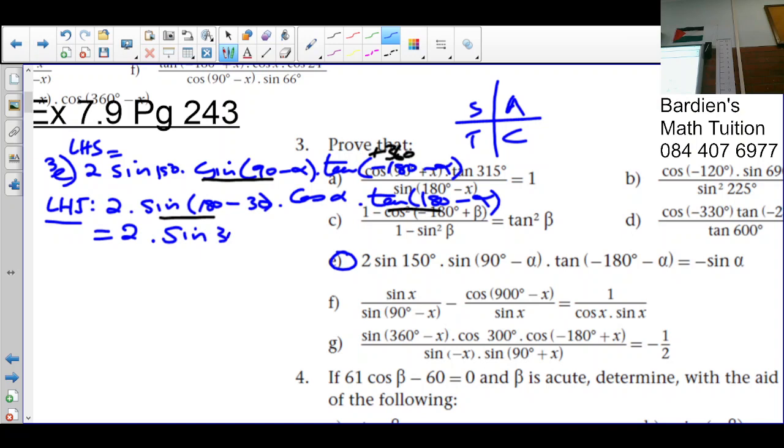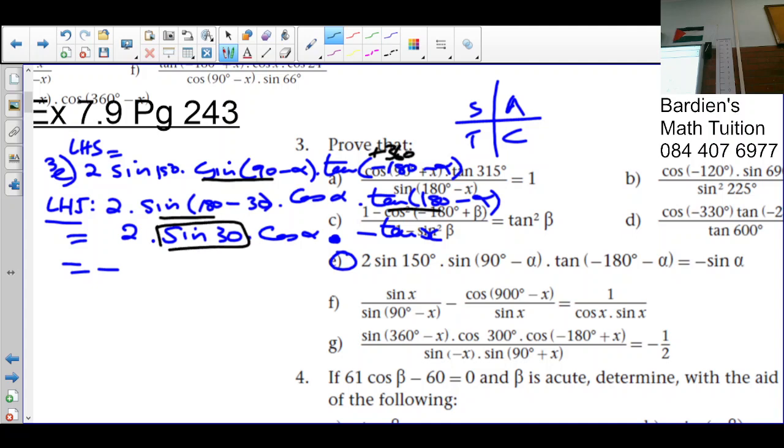Sine 30 times cos alpha times tan of 180 minus alpha, which quadrant is that in? Second quadrant. Tan positive or negative? Negative. So make sure you have the multiplication sign, then you write negative tan alpha. Otherwise, you can write it in front. Make sure, because sometimes this multiplication now becomes a subtraction sum. So the ultimate answer is going to be negative.